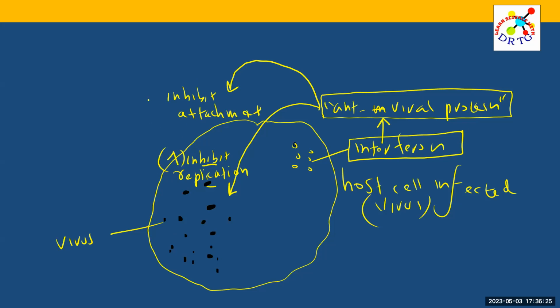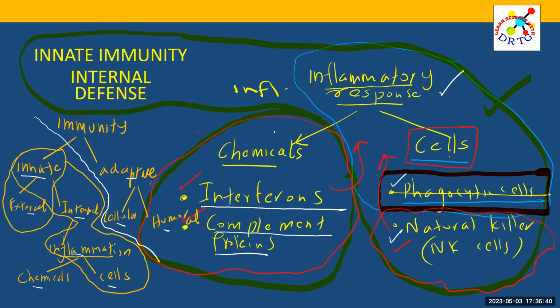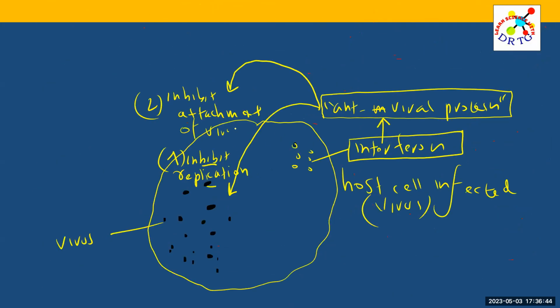So I wrote two methods, and under that we are not going to discuss in detail. It inhibits attachment of virus. It inhibits virus replication. Now, the same thing can be done by the neighboring cells.